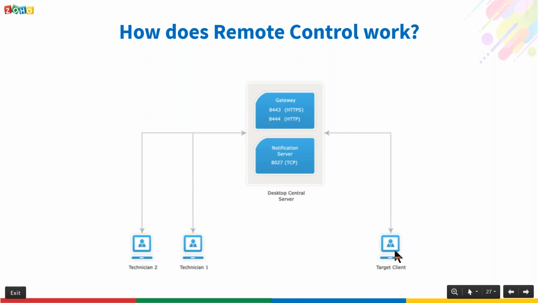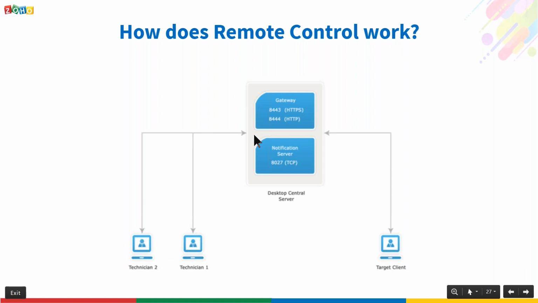The client machine will have remote control services running. So the notification server will invoke the remote control services. The remote control services will automatically capture the images of that machine and send them to the Desktop Central server. The gateway component transmits those images to this technician's screen. Similarly, if technician 2 is going to connect, he's going to click on view desktop.